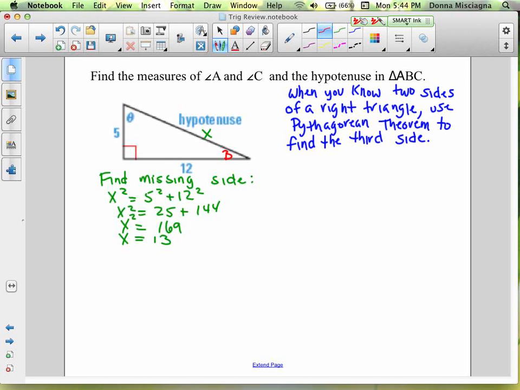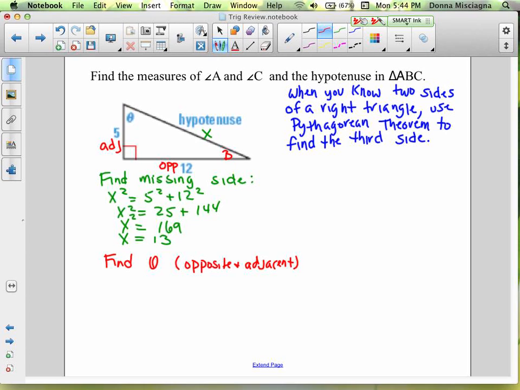So now let's identify our sides relative to theta. We're going to find angle theta first, right? And 12 is the opposite side, and 5 is the adjacent side. All right, so we needed to figure out the trig ratio that uses opposite and adjacent. And I hope you are thinking tangent.